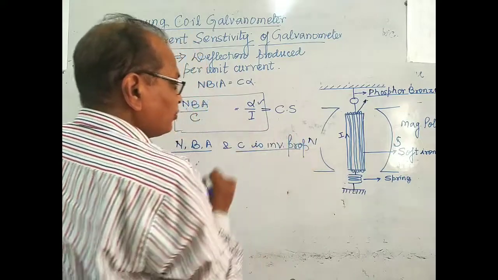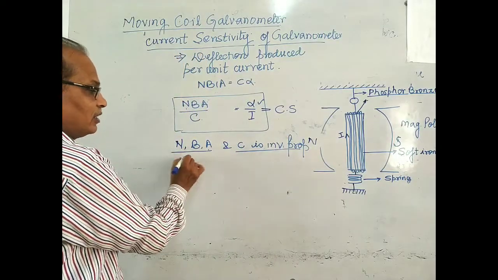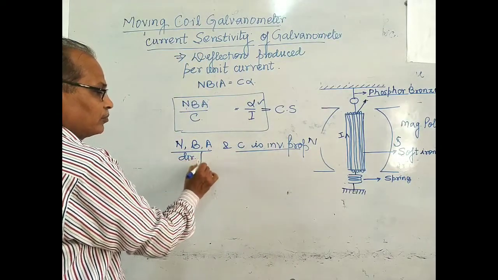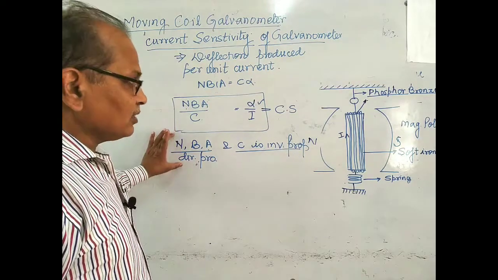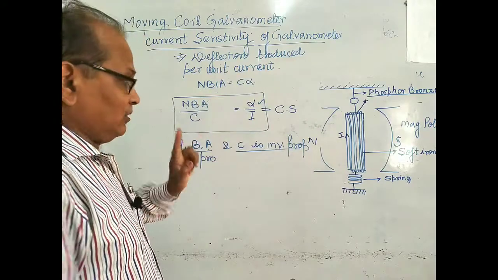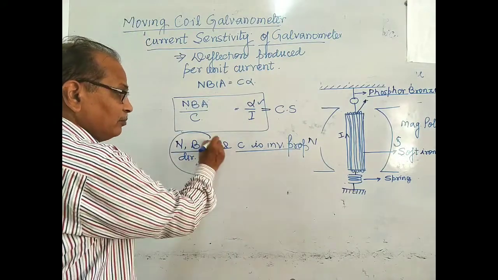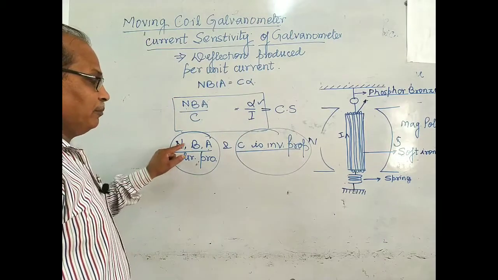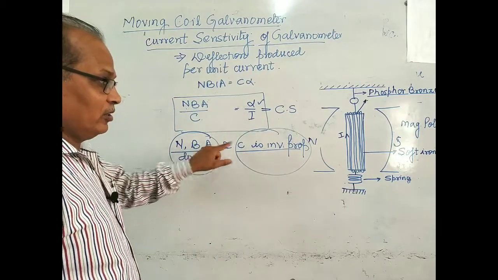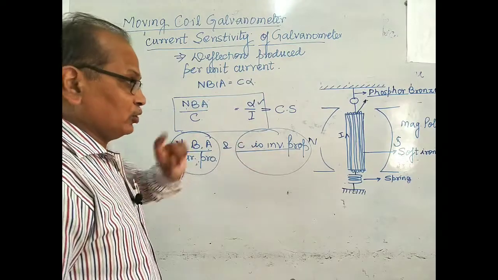On these factors, the current sensitivity depends. Remember these factors: NBA directly proportional, C inversely proportional.